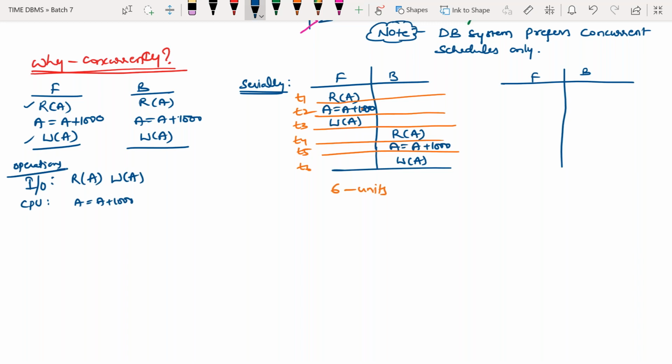Why? Because the processor is faster and IO is slower. To make a trade-off between a fast processor and slow IO devices, both CPU and IO operations are allowed to execute simultaneously.